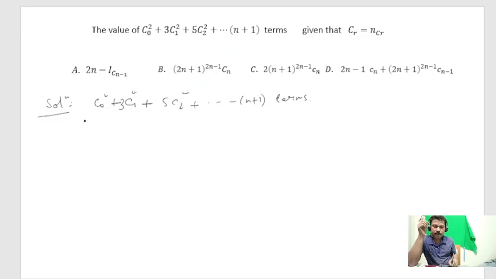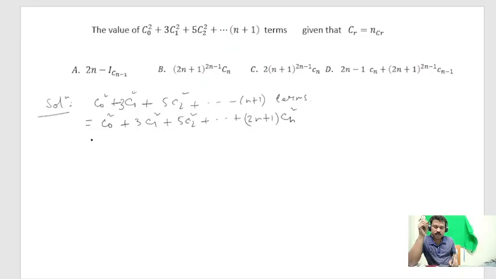This is equal to C0 square plus 3C1 square plus 5C2 square and so on to 2n plus 1 Cn square.